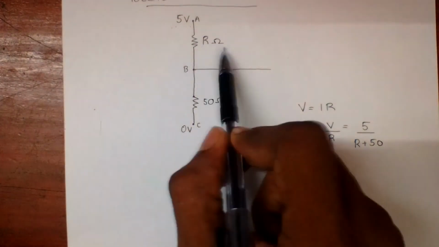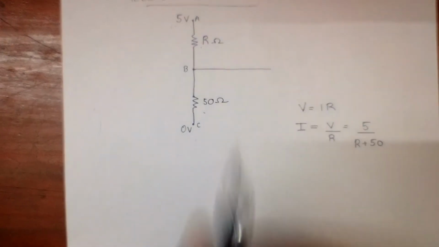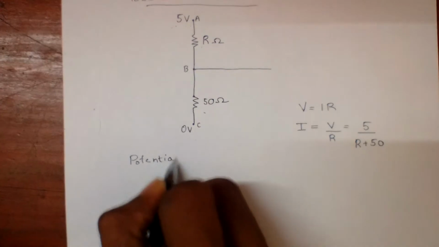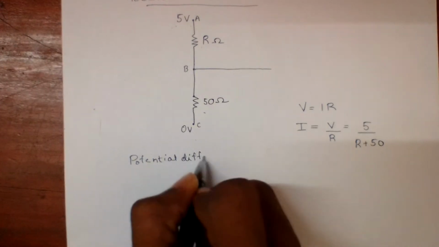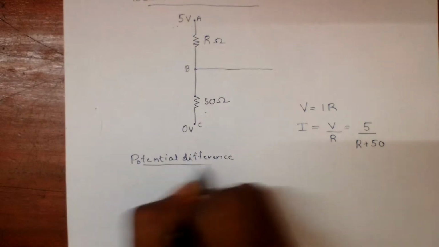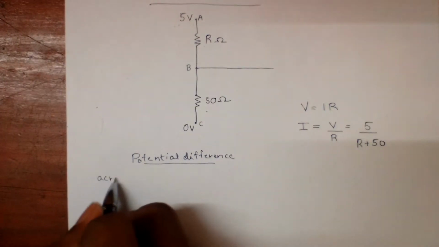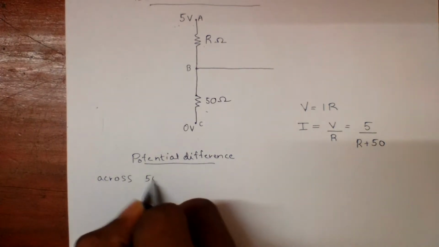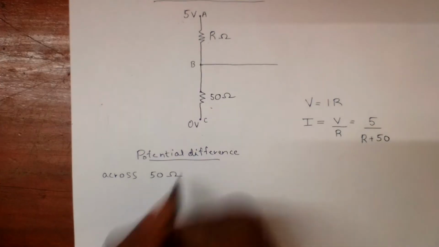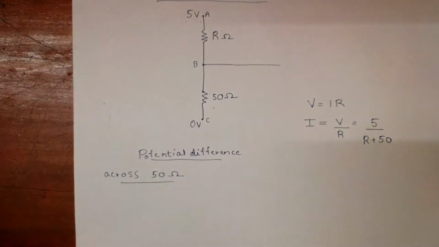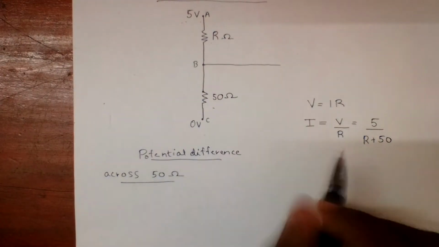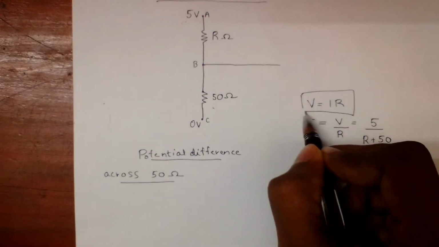Now let's find the potential difference across each of the resistances. To find the potential difference across this, again we will use the formula V is equal to IR.